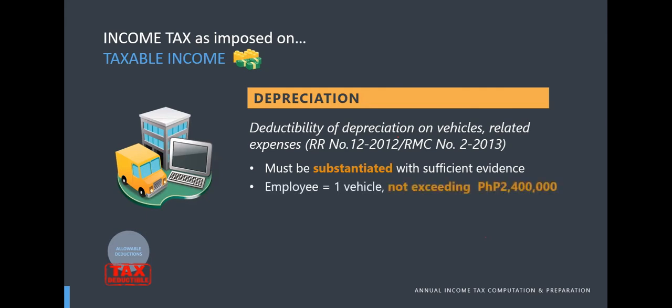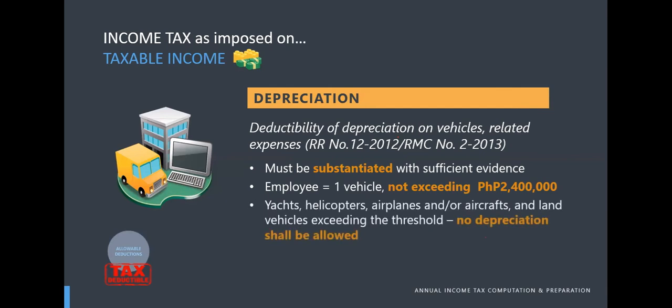For each employee, there should only be one vehicle, and that vehicle must not exceed 2.4 million pesos. If it exceeds 2.4 million pesos, no depreciation shall be allowed. Yachts, helicopters, airplanes, and aircraft also cannot be depreciated.